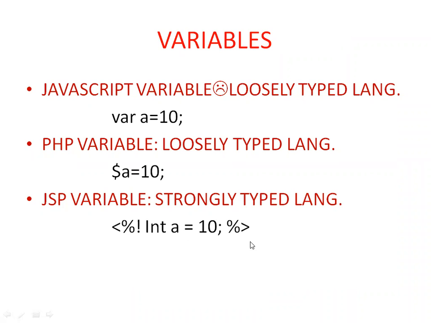Inside this symbol, you can write the JSP variable declaration. So here you have specified the data type of the variable name A. Here integer is the data type, A is the variable name, and A is holding the value 10. So we can say JSP is a strongly typed language. That means you have to specify the data type for the variable and also the method.